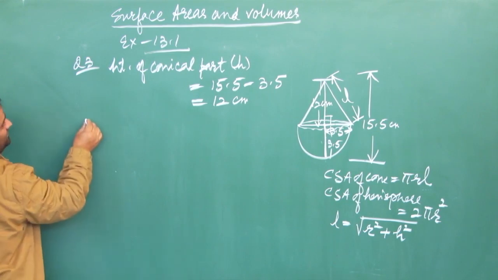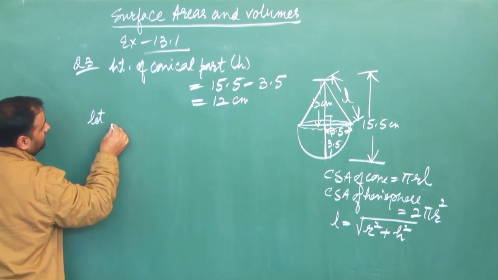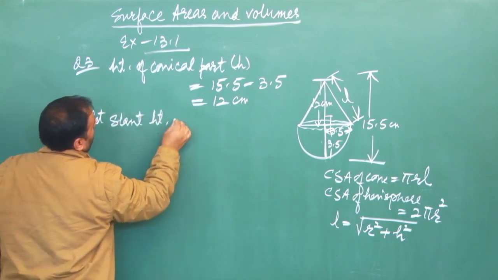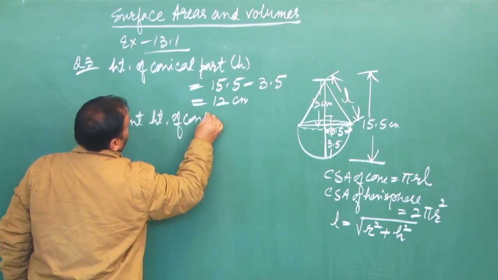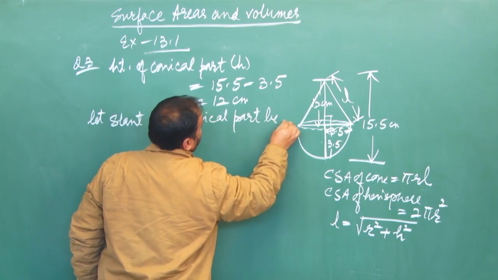Now, let us denote the slant height of the conical part by L centimeters.